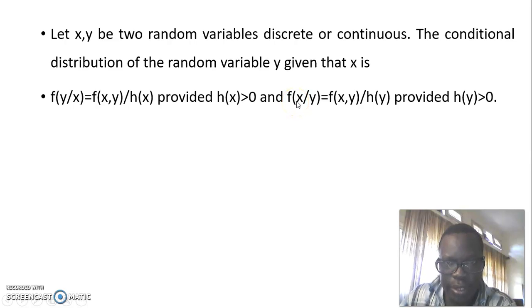The conditional distribution of x given y is equal to the joint probability distribution of x and y divided by the marginal distribution of y, provided it is above 0.